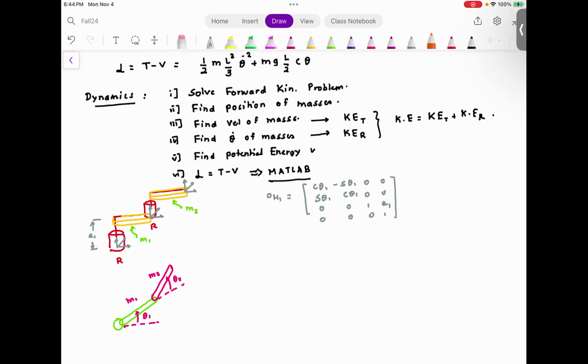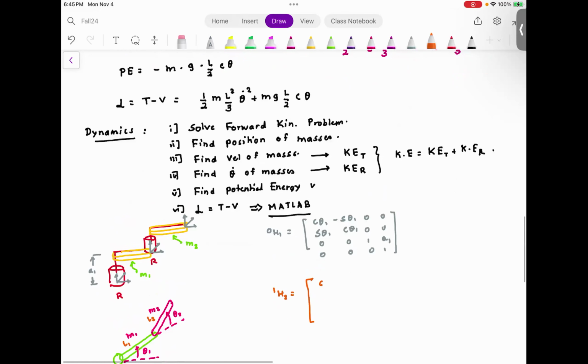So 1h2 is again, this is going to be L1 and this is going to be L2. So actually this is going to be L1 cosine theta 1, L1 sine theta 1.